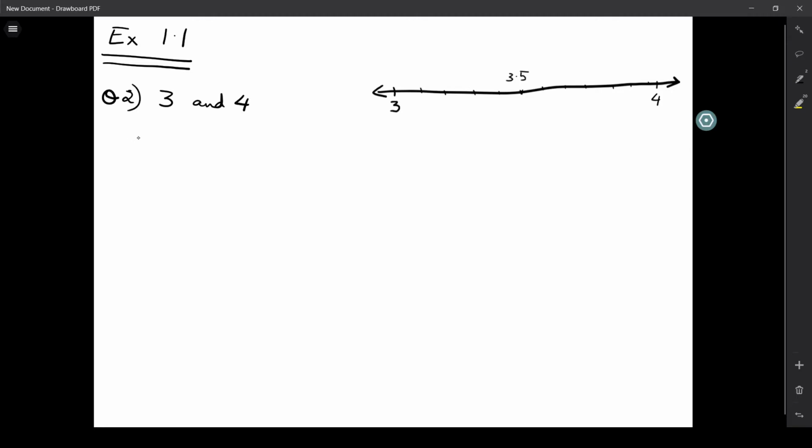How do we know it's a rational number? As long as it can be put in the form p by q, and we can suggest that the denominator q is not equal to 0, we know that this is a rational number. So let's try and put the number 3.5 in this way.